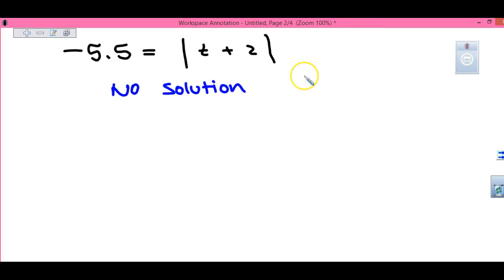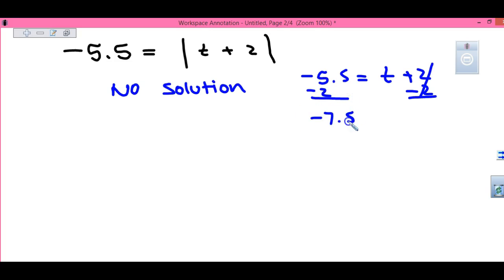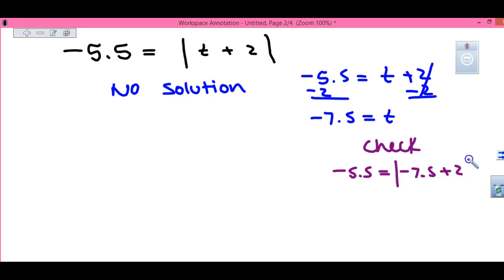Now, if you work this out and you get negative 5.5 is equal to t plus 2, and you go ahead and subtract 2, you get negative 7.5 is equal to t. If you check it, you say negative 5.5 is equal to the absolute value of negative 7.5 plus 2.